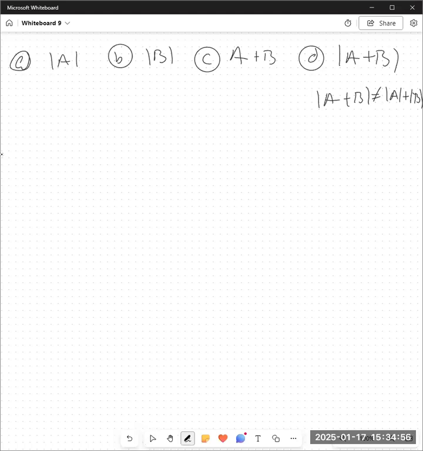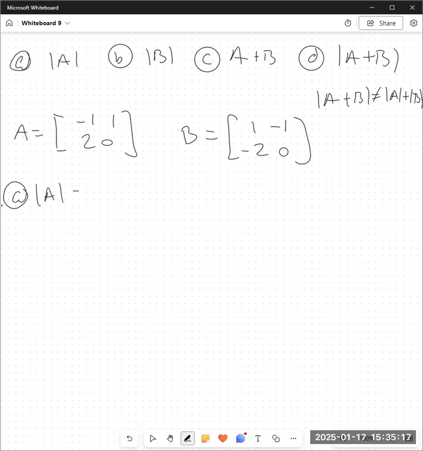So A is -1, 1, 2, 0, and B is 1, -1, -2, 0. So the determinant of A is 0 minus 2, which is -2. The determinant of B for part B is 0 minus 2, which is -2.